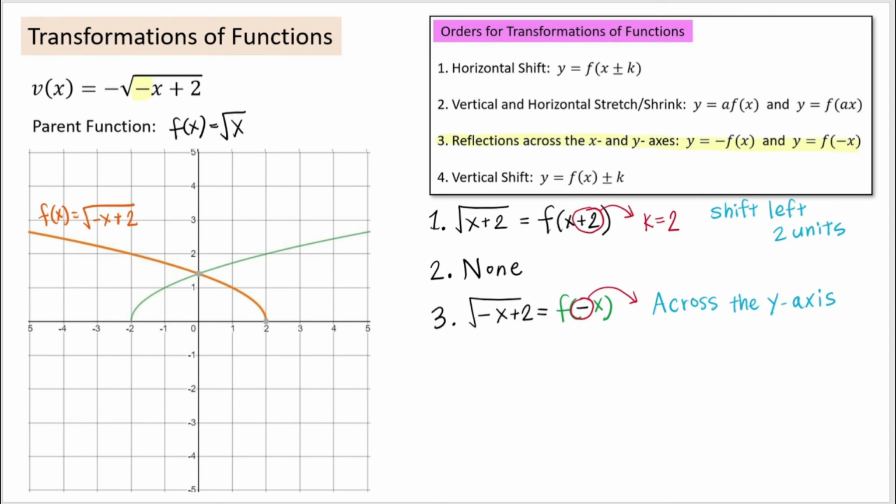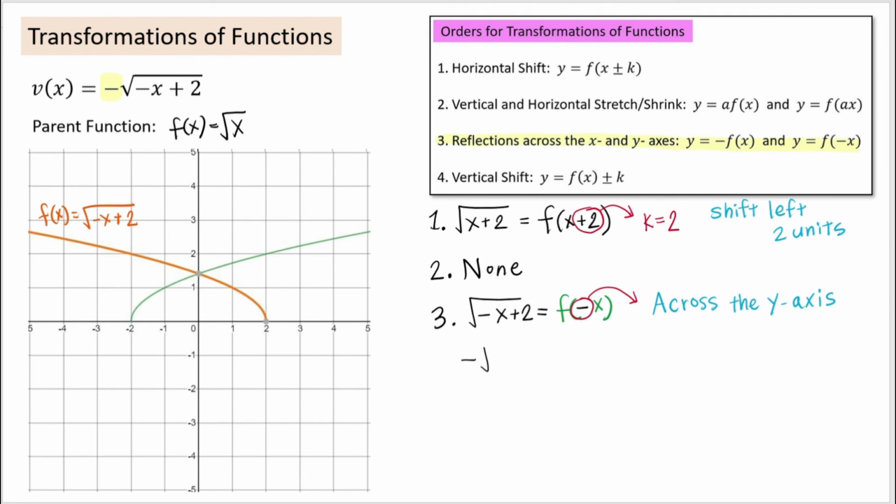Before we move on to step 4, the function v of x also has a reflection across the x-axis. We see the negative sign in front of the square root of negative x plus 2.